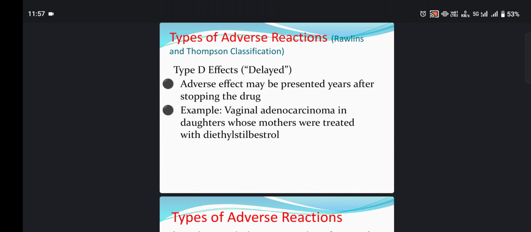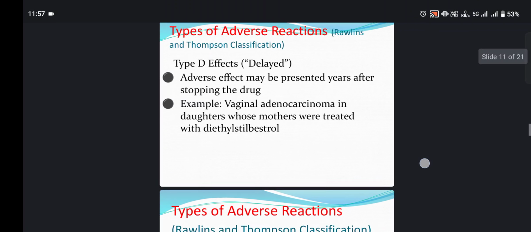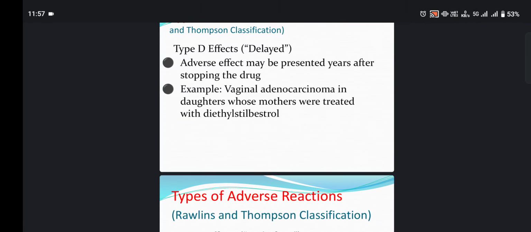Okay. Means in this case, diethylstilbestrol was used by a mom, and later her daughter may develop vaginal adenocarcinoma.